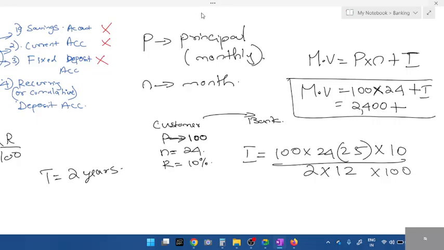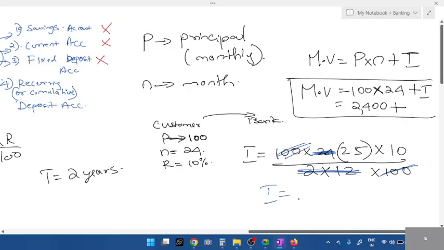Tell me the calculation, which one gets cancelled here? Can I cancel 12 into 24 and this? What is the interest? 250 rupees. Total, what is our investment? How much have we invested for 2 years? 2400. But how much extra is the bank giving us? This 250.